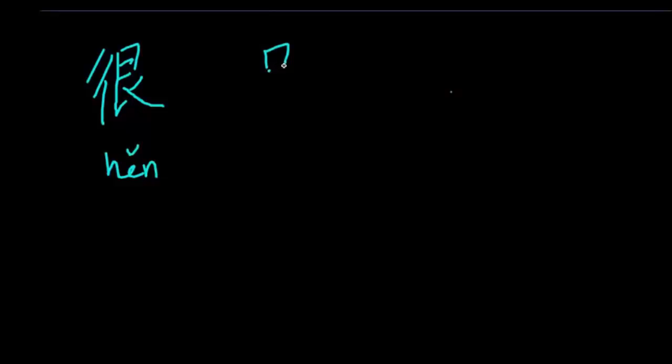Now the last thing I want to show you is 3 characters that have one part that's the same but have a different radical. This is hen. It means very. This is gen.